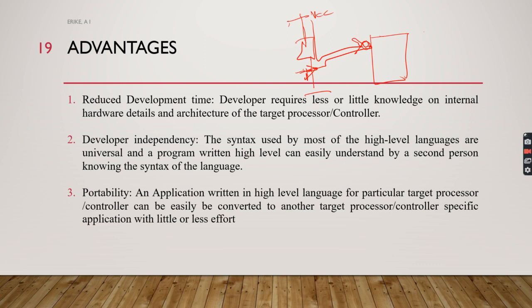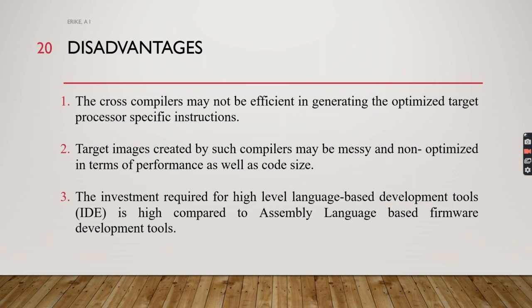Now we talk about the disadvantages. Number one, the cross compilers may not be efficient in generating optimized target-processor-specific instructions. Number two, the images created by such compilers may be messy and non-optimized in terms of performance as well as code size.